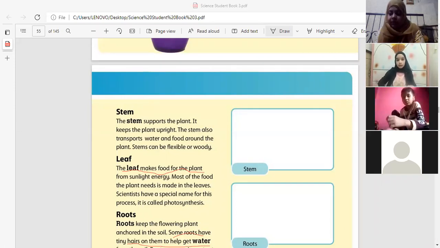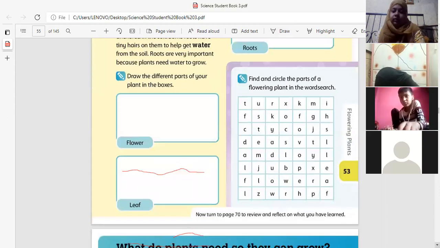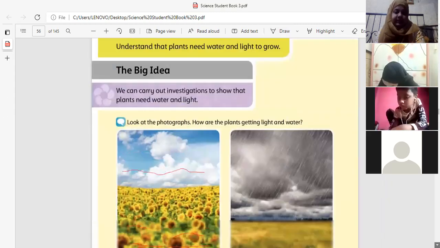Scrolling in further. Okay, this is what we can skip.